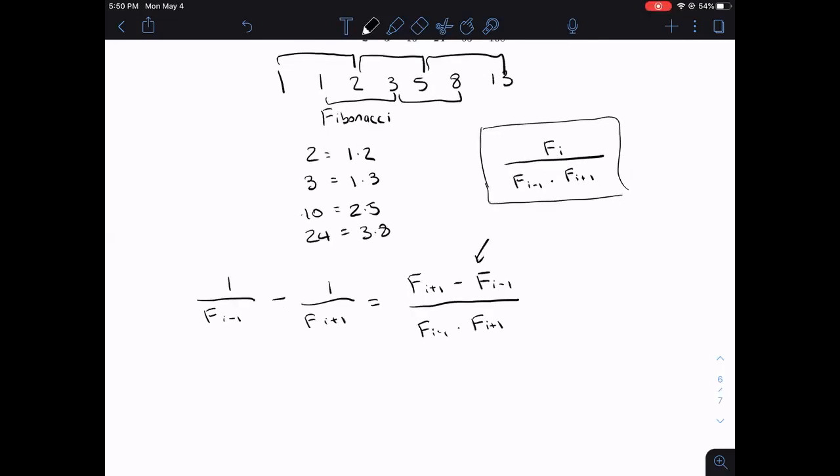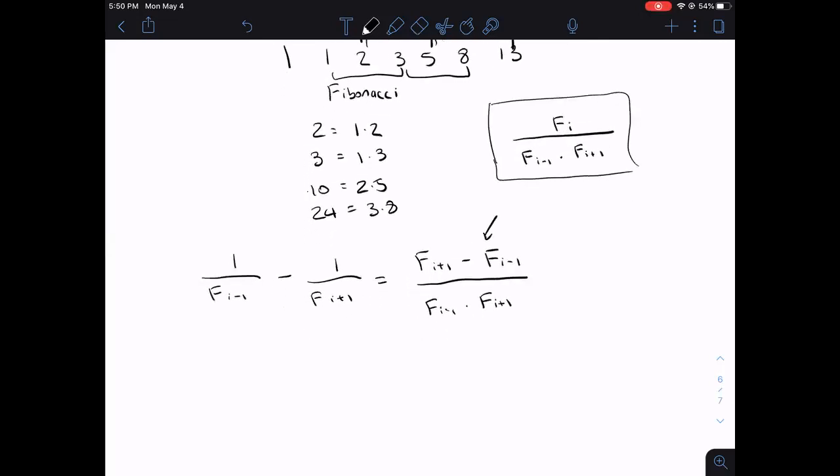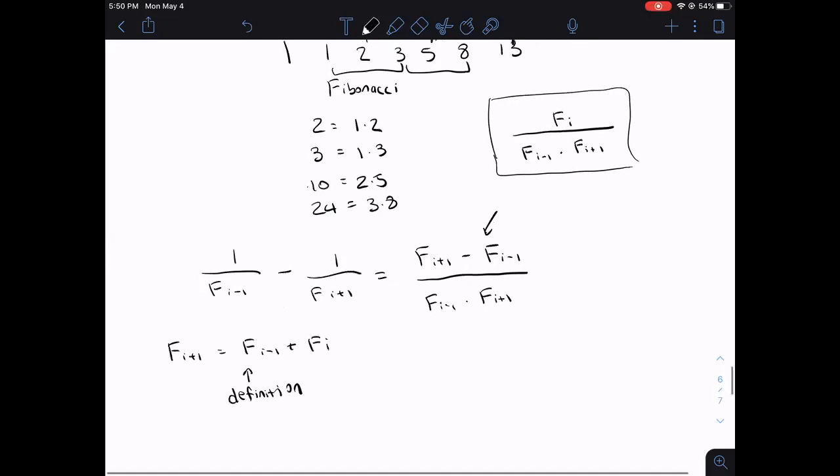Let's use the definition of Fibonacci. By the definition, f_{i+1} is equal to f_{i-1} plus f_i. This is just the definition.